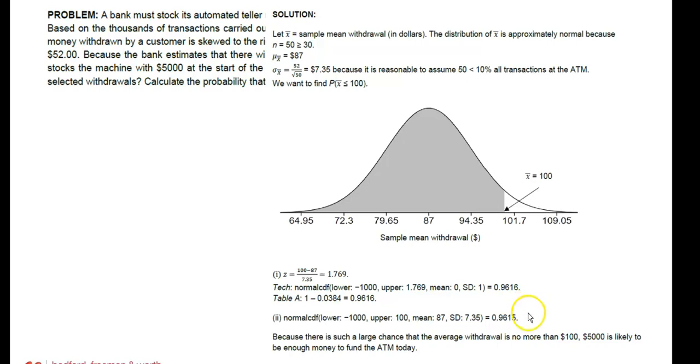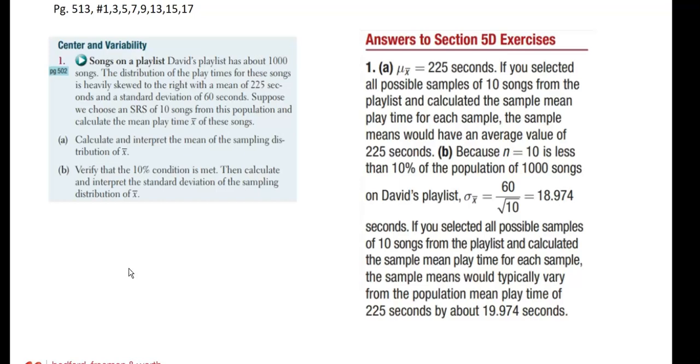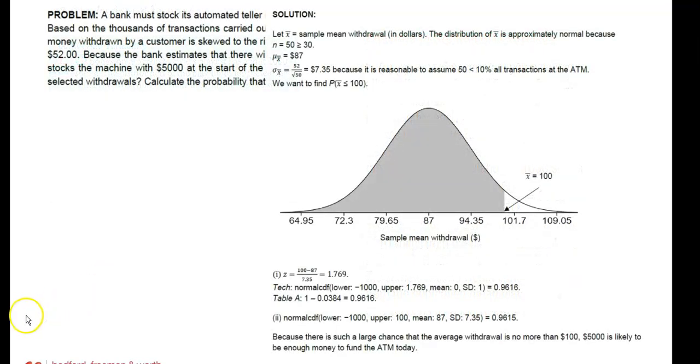And then put in the standard deviation, and it's 96%. Because there's such a large chance it's no more than $100, 5,000 is likely to be enough. And in 96% of the cases, it will be. So not for sure, but that's pretty good. That's your lesson for today.